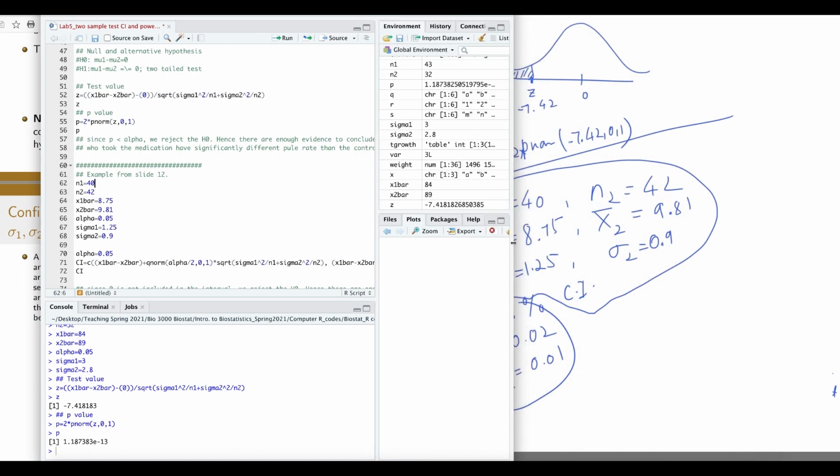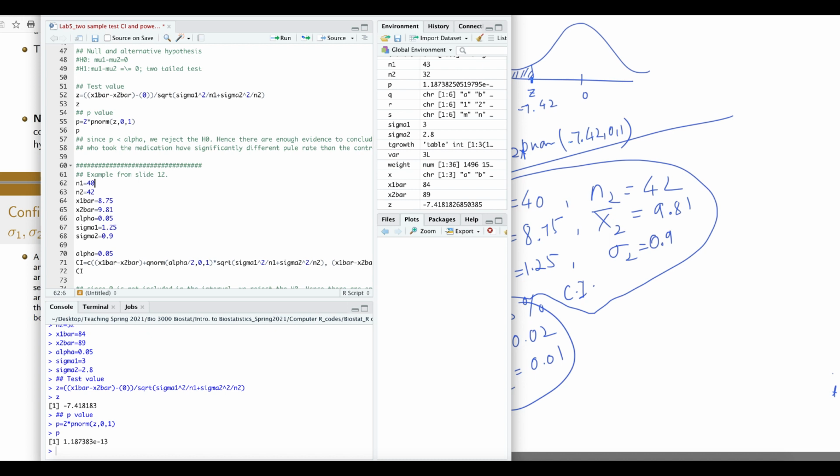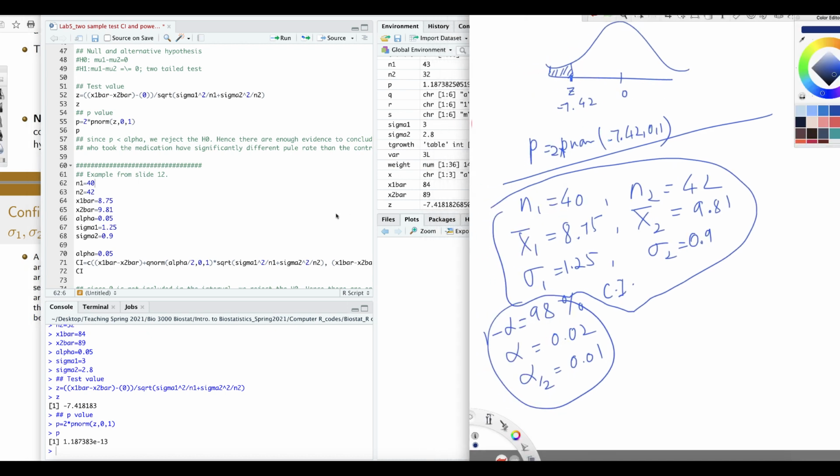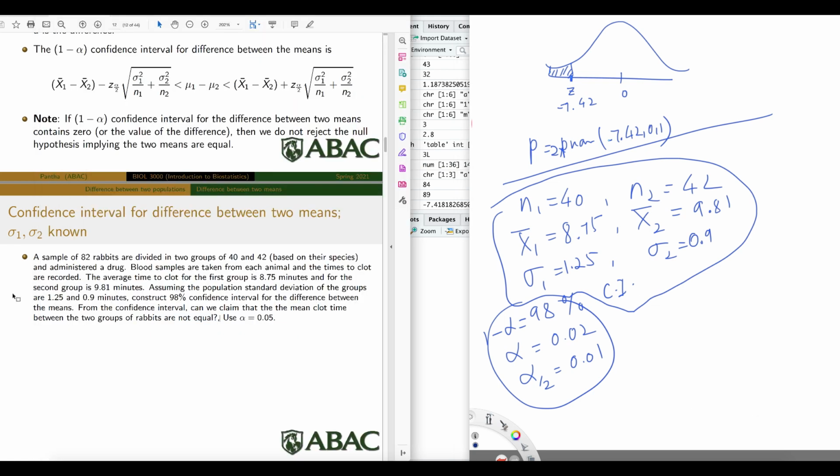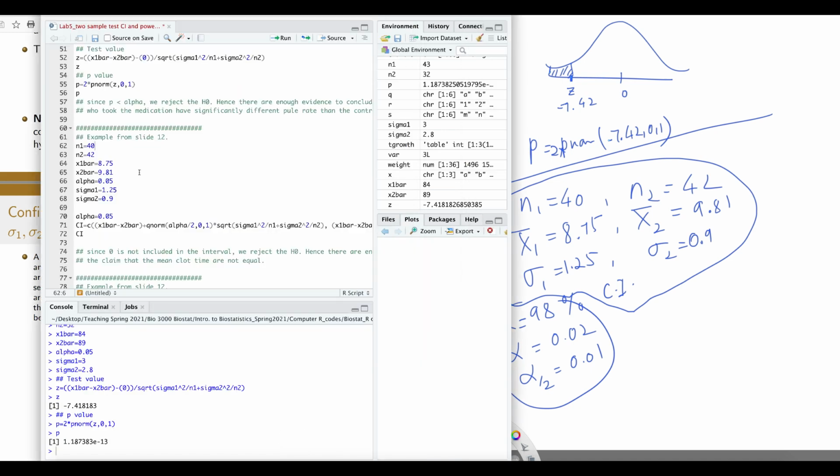So n1 is 40 and n2 is 42. x1 bar is 8.75, x2 bar is 9.81, alpha is 0.05, sigma 1 is 1.25, sigma 2 is 0.9. Oh, alpha is 0.02, right? Because it says 98%. So let me make it 0.02 there.